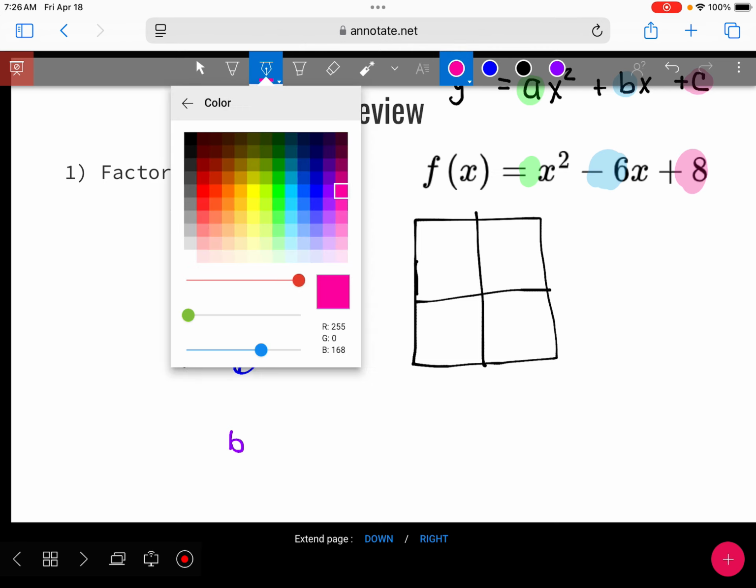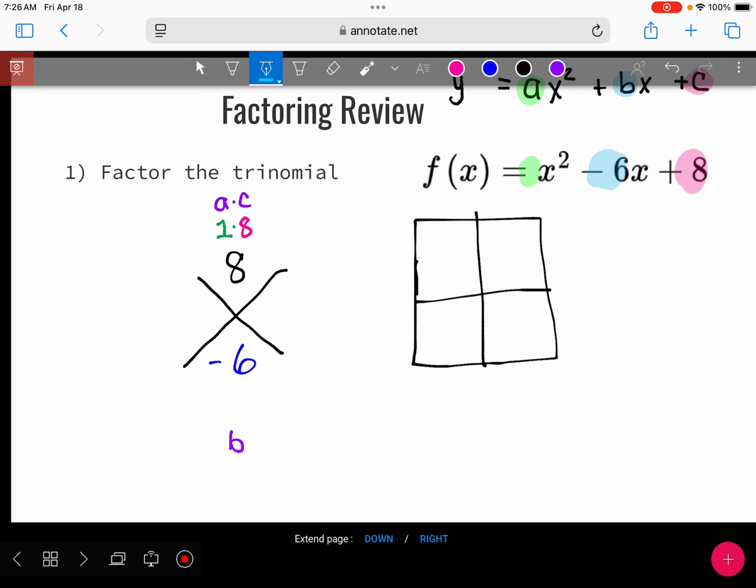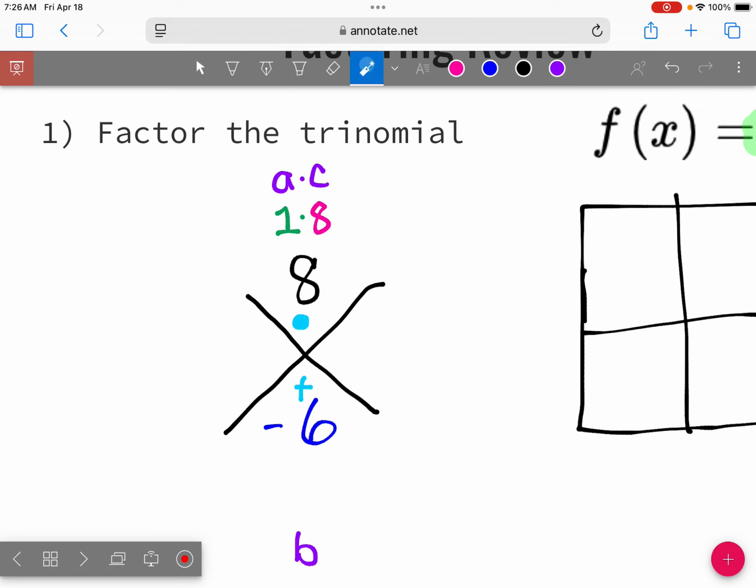So the two pieces we're looking for to figure out where our factors are going to be, we find our pair of numbers that multiplies to be 8 and adds to be -6. What do we know that can multiply to be 8 and add to be -6? -2 and -4. A good way to think about it is if the top number is positive, these two pieces are going to have the same sign, so they're either both positive or both negative.